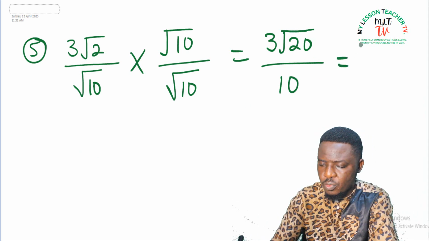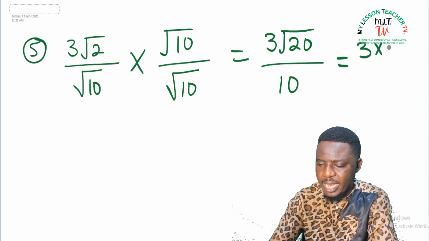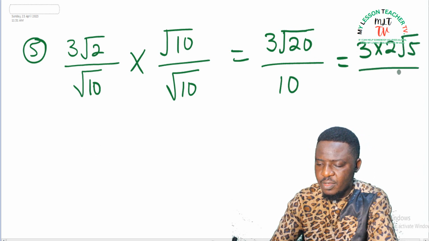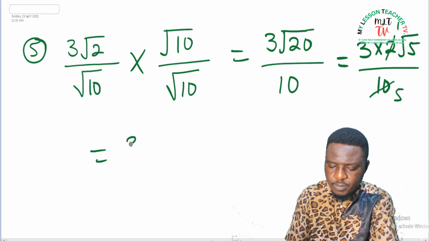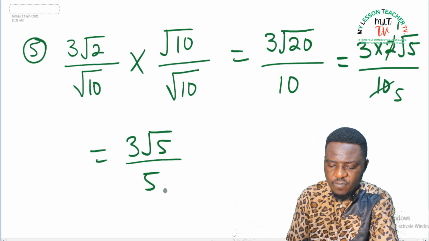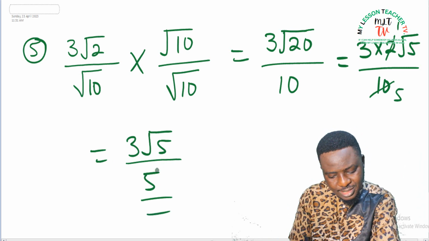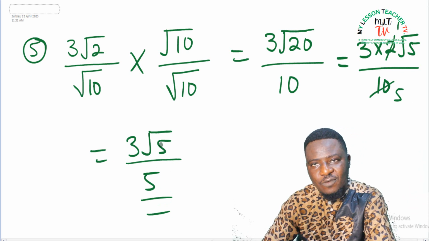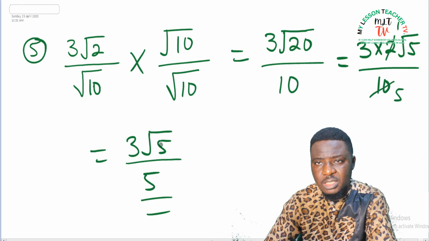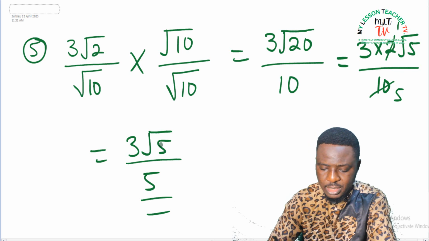This will give you 3 times 2 root 5 divided by 10. So 2 can divide itself and 10 5 times, leaving us with 3 root 5 over 5. Take note, this 5 cannot divide the 5 under the square root sign. Some students are fond of doing that, so please stop it. It is not mathematical. Thank you.